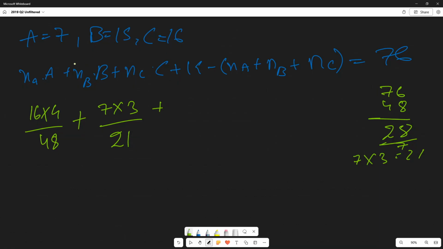K is 9 minus 7 equals to 2. What is 48 plus 21? 48 plus 21 is 69. 69 plus 2 is of course 71, so that's not the answer.